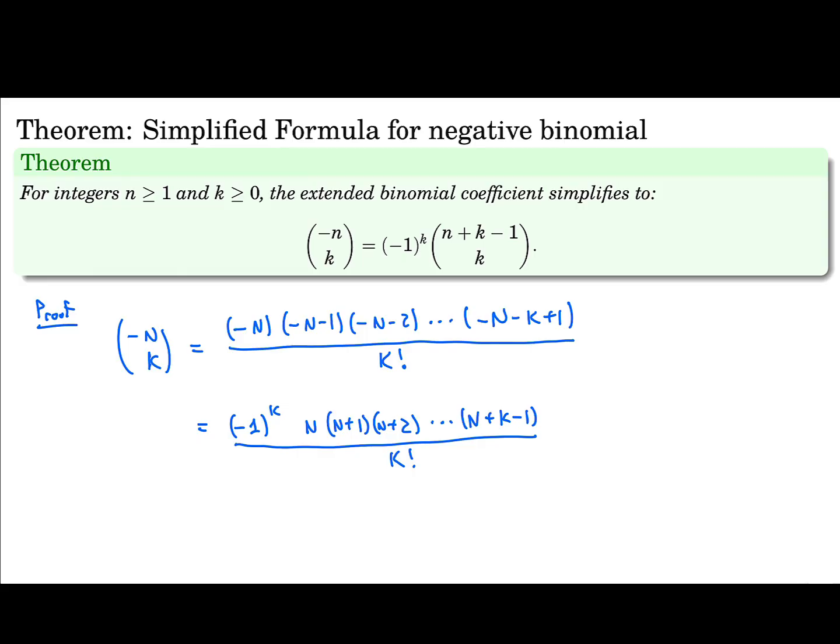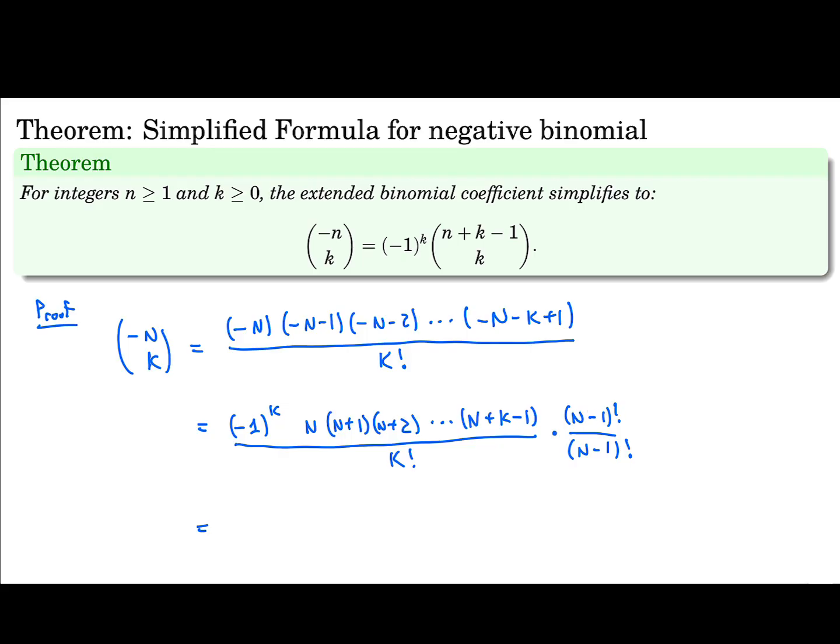And now the idea is that if you multiply on top and the bottom by n minus 1 factorial, then the top here is going to have n plus k minus 1, and it's going to go down by 1s all the way to n, and then times n minus 1 factorial.